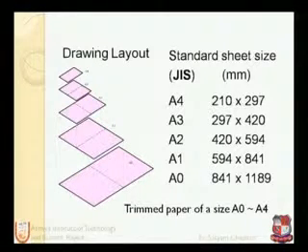For A0 size, the length is almost 1.1 meter, and this is again the trimmed paper size. Sometimes margins are kept. In a later slide we will see what margins are kept and why.